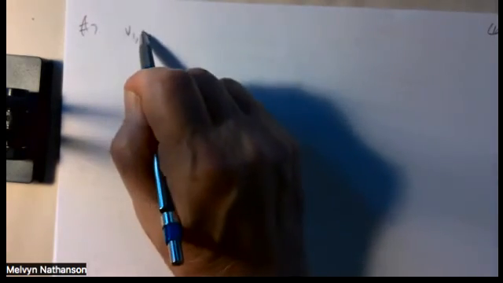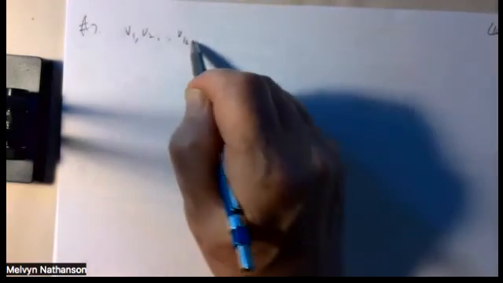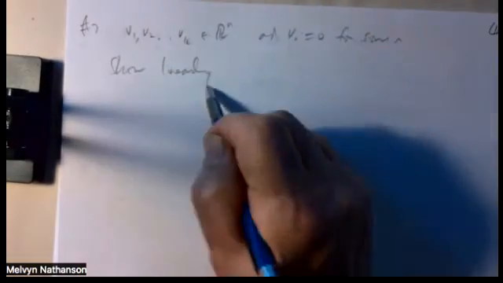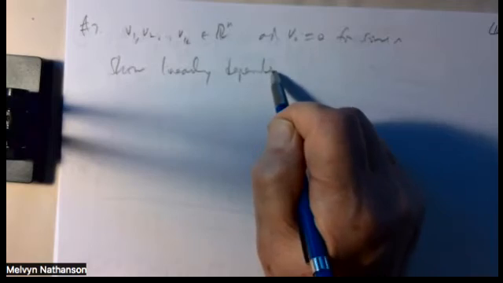Suppose you have vectors v1, v2 up to v sub k in Rn, and v sub i equals 0 for some i. Show these vectors are linearly dependent. And the proof is simply the following.